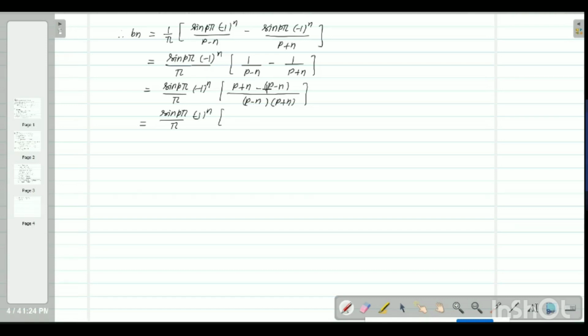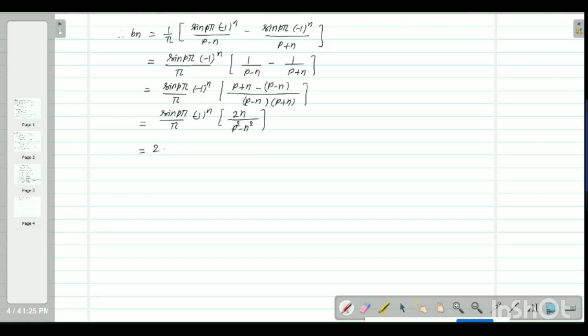Simplify, so minus and plus cancel, minus minus gets plus, so here 2 times n, p and p cancel, and this is p square minus n square. So we multiply here 2.